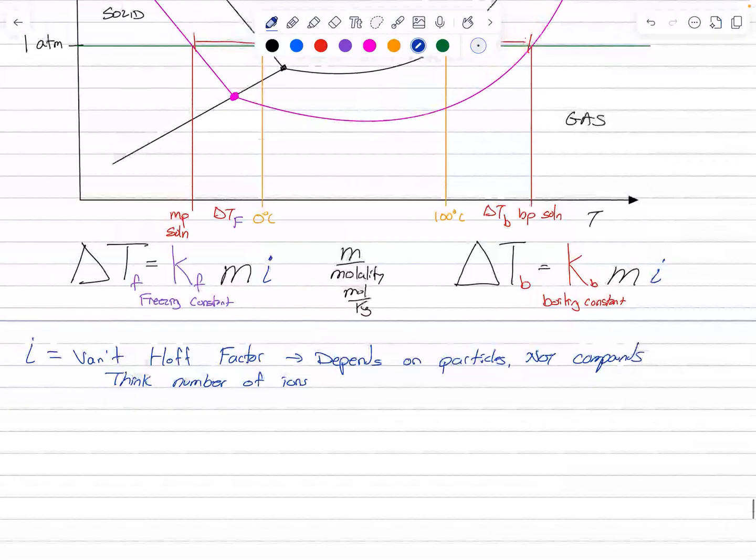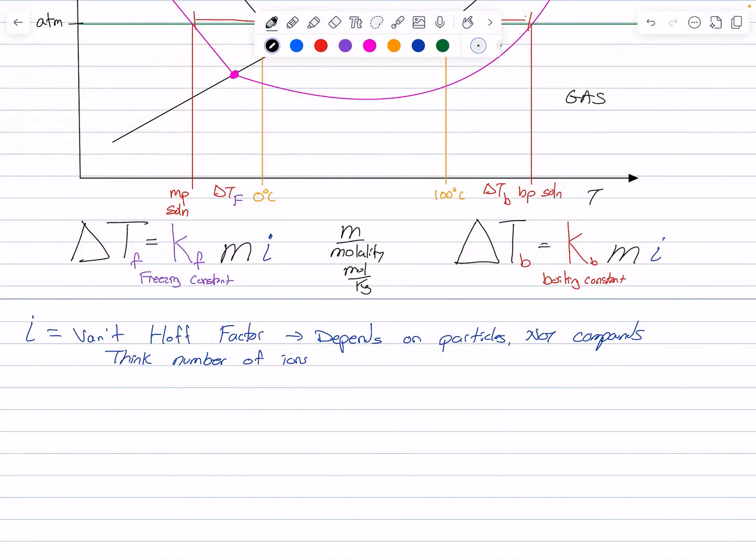So, what do we mean by that? Molecules. All right. C6H12O6, etc., right? CO2, it doesn't matter what it is. i equals 1 because those are one particle in solution. They don't have multiple particles in solution.